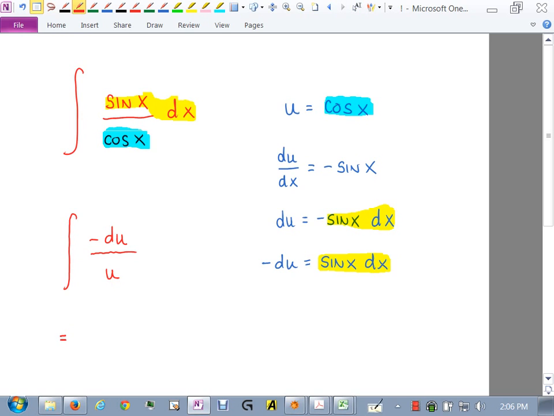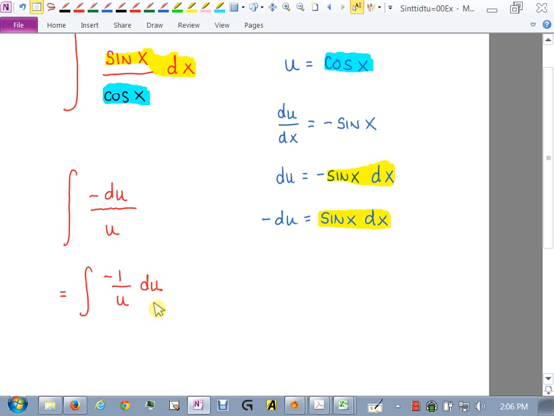Now, I'm going to just tweak this a little bit. This is the same as negative 1 over u du, isn't it? So I'm sliding that du back out on the outside so that again it looks like an integral. My du is keeping track of my variable, my differential, outside, and I need to figure out what the antiderivative of this is.